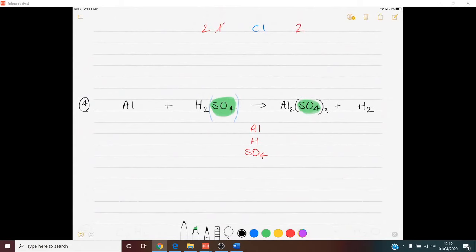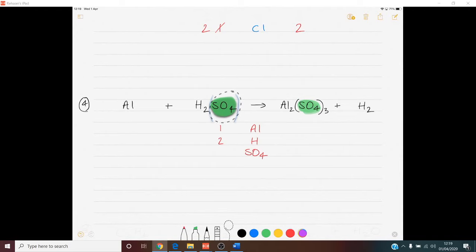Okay, so let's go through this example above. This is a reaction of aluminium and sulfuric acid, and it makes aluminium sulfate and hydrogen gas. It's your typical acid-metal reaction. So if we count ahead, we've got 1 aluminium on the left, 2 hydrogens, and be very careful here. A common mistake is to assume that there are 4 sulfates.